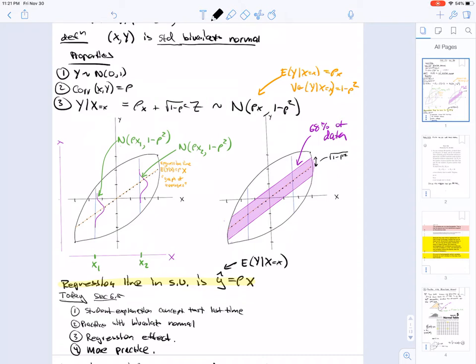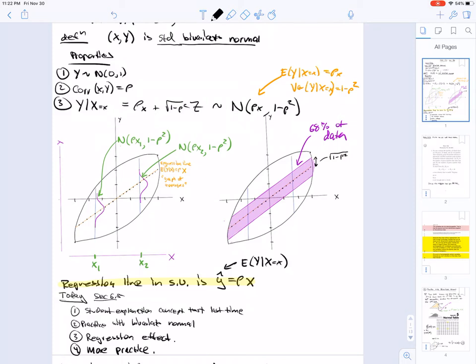For all the x, you just slide it down the regression line. And because the width is the same, basically plus or minus 1 SD around the regression line is a band of constant width, and that contains 68% of your data.